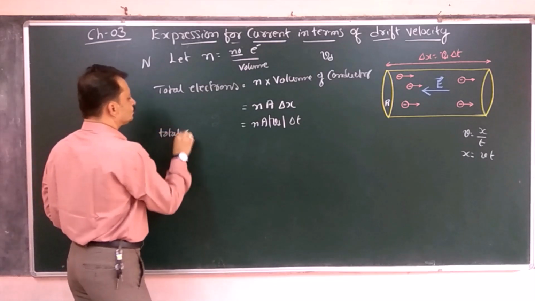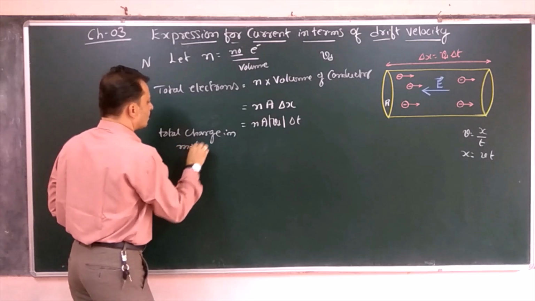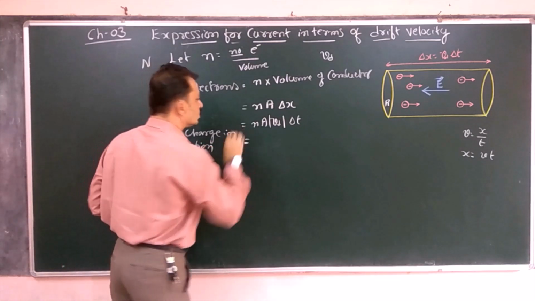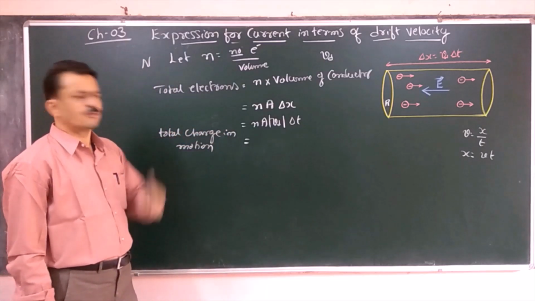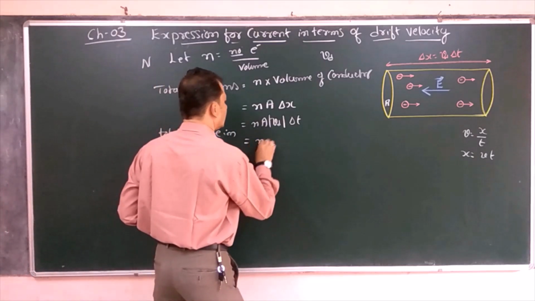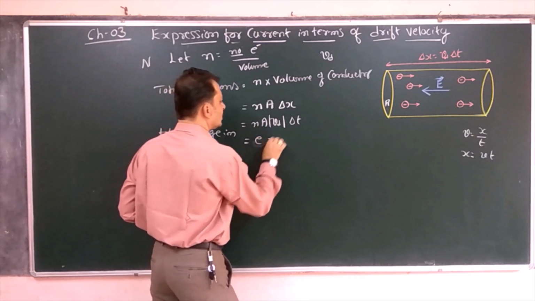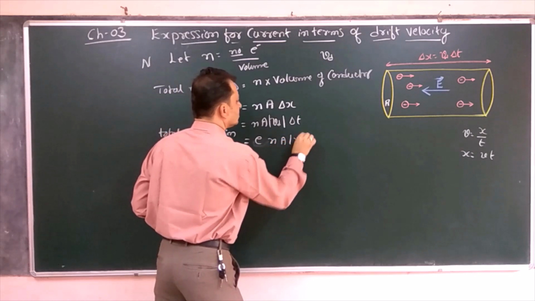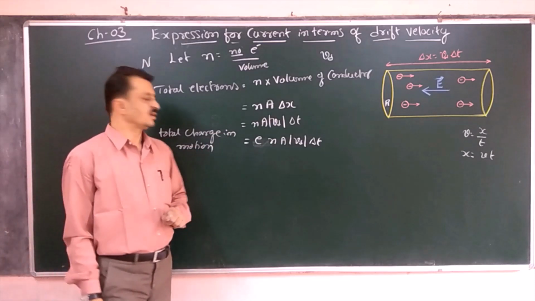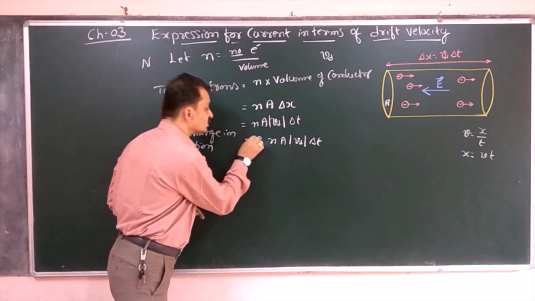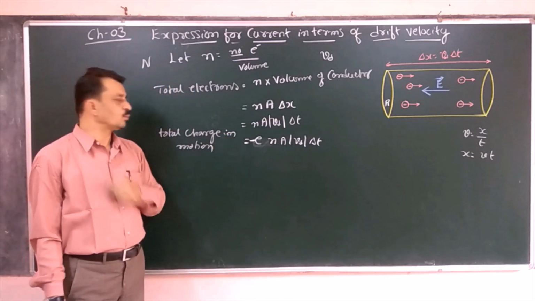Total charge in motion is equal to the number of electrons multiplied by the charge of one electron, that is e. So n e, multiplied by A, so e n A, and this is the same Vd into delta t. The charge is minus e, because the charge of the electron is negative.